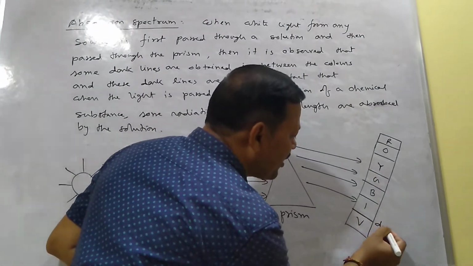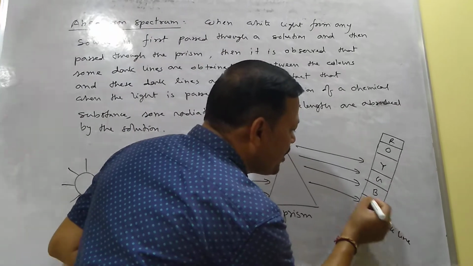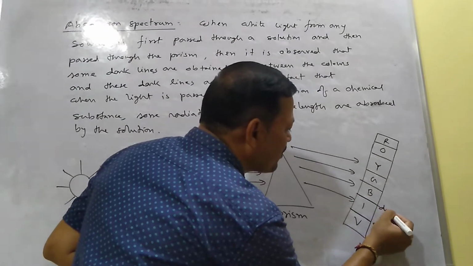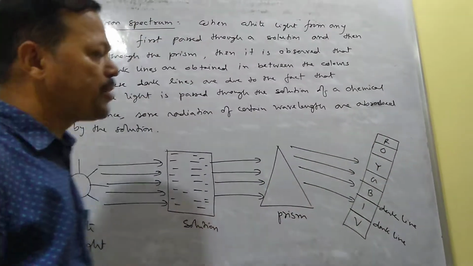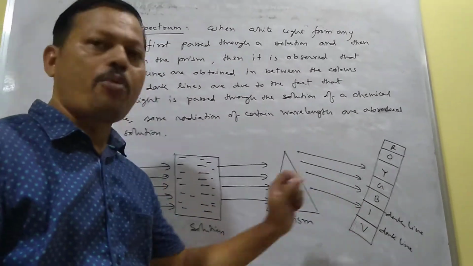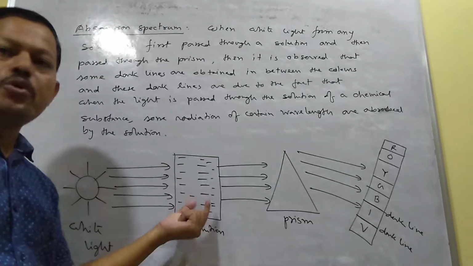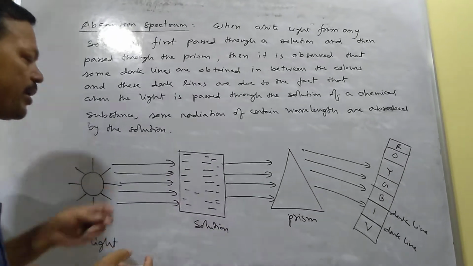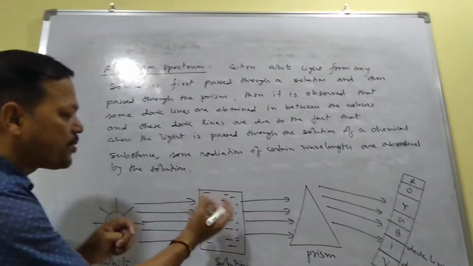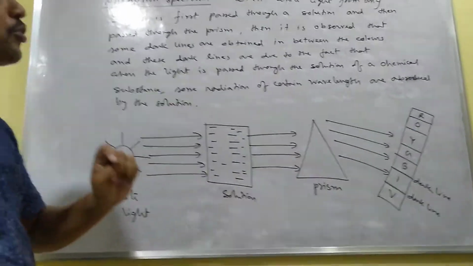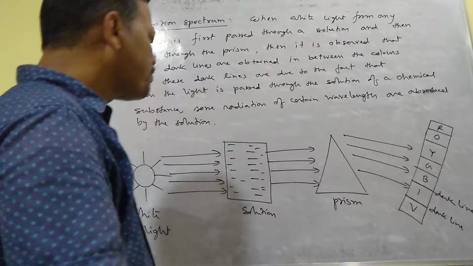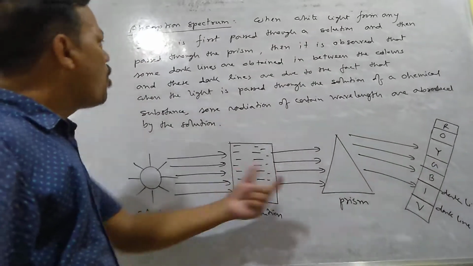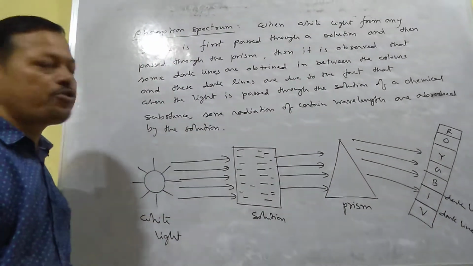This is your dark line. Similarly, this is your dark line. So in this way, some dark lines are obtained, and these dark lines are obtained due to the use of this solution, because this solution can absorb some radiation of certain wavelength, and due to absorption of radiation you will get the dark lines in between the colors. And this type of spectrum obtained is called the absorption spectrum.